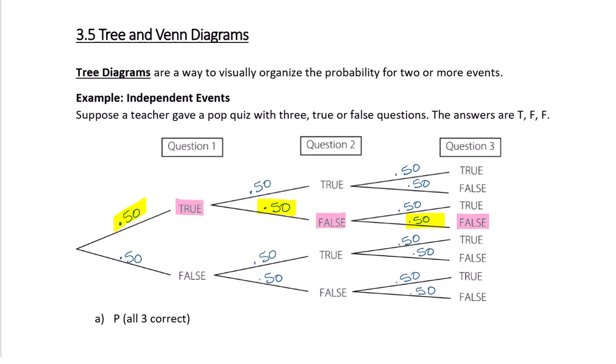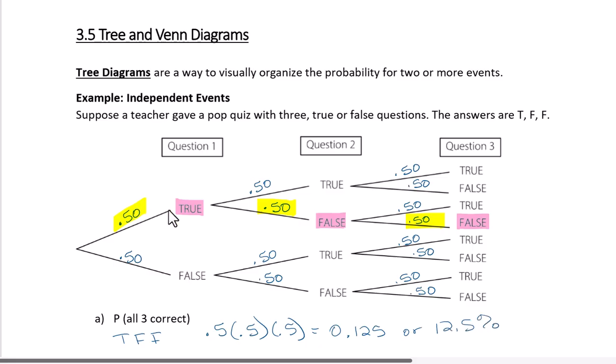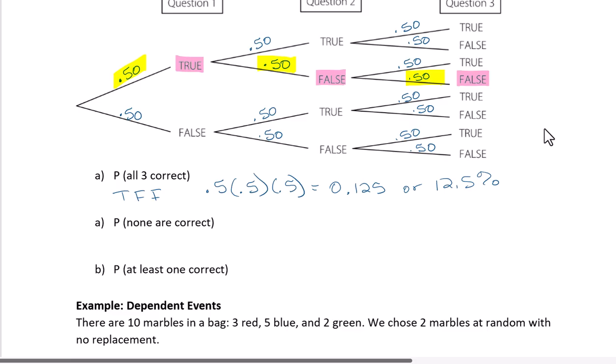So for all 3 to be correct, true, false, false, that's the same thing as saying 50% times 50% times 50%, which would give us 0.125 or a 12.5% chance. That's not very high, right?